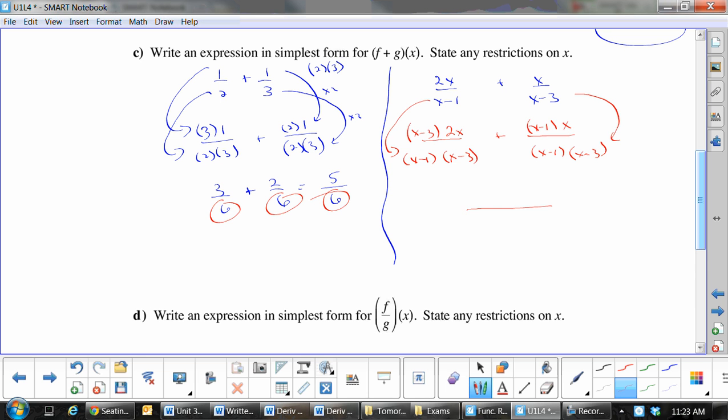Let's do this one step first. Let's multiply this in. This would be 2x squared minus 6x over x minus 1, x minus 3, and this is going to be plus x squared minus x all over x minus 1, x minus 3.